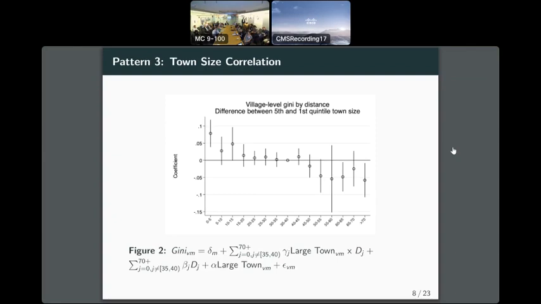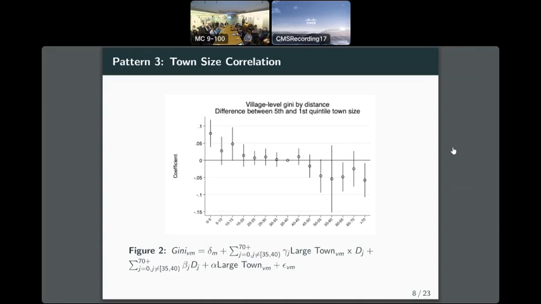And then the third pattern that I want to show is the town size correlation. So not only is there a general urban gradient, but the gradient becomes steeper with the size of the town. As I showed you, the cutoff of my 2x2 map was at this large metropolis, which, if I showed you, you could guess which city it is, especially India specialists.